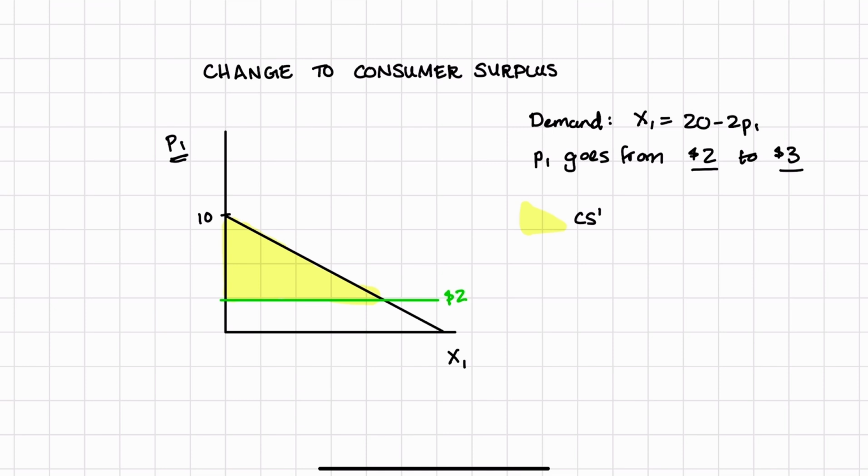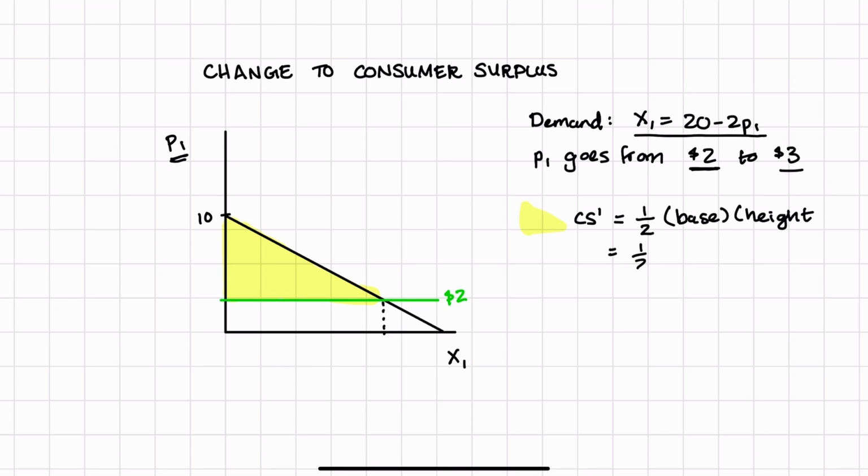I'll put a 1 here for this, the first situation where the price was $2. It's a triangle, so we know that the area of that triangle is 1/2 the base times the height. What is the base? It's the amount of x1. This is the amount of good 1 that we chose to purchase at the price of $2. So we can put in $2 here to find out what that amount is.